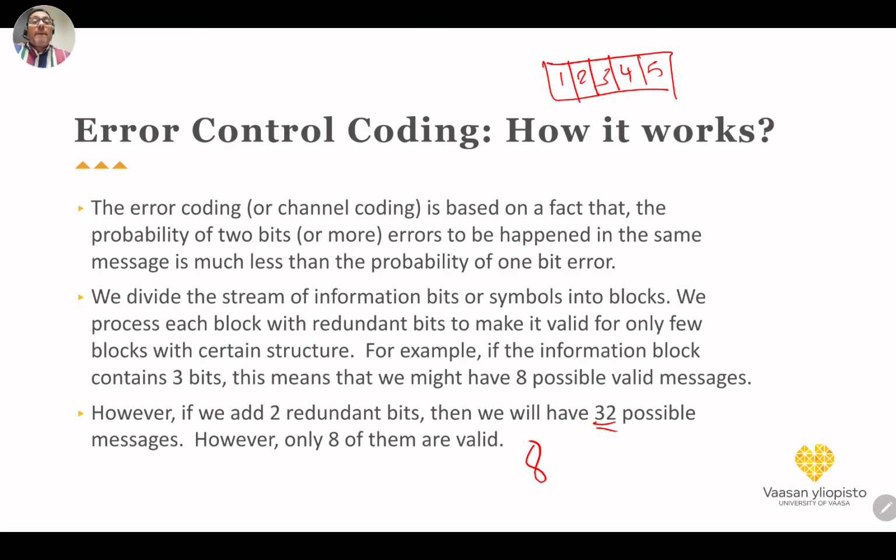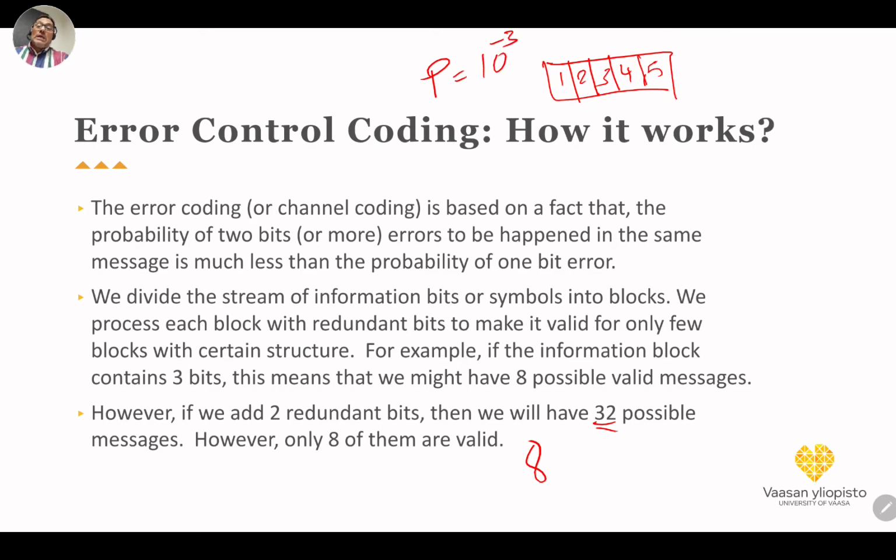Now if we assume that every bit sees an independent channel, and the probability that you will have one error in these 5 bits is p, and let p be 10 to the power minus 3.